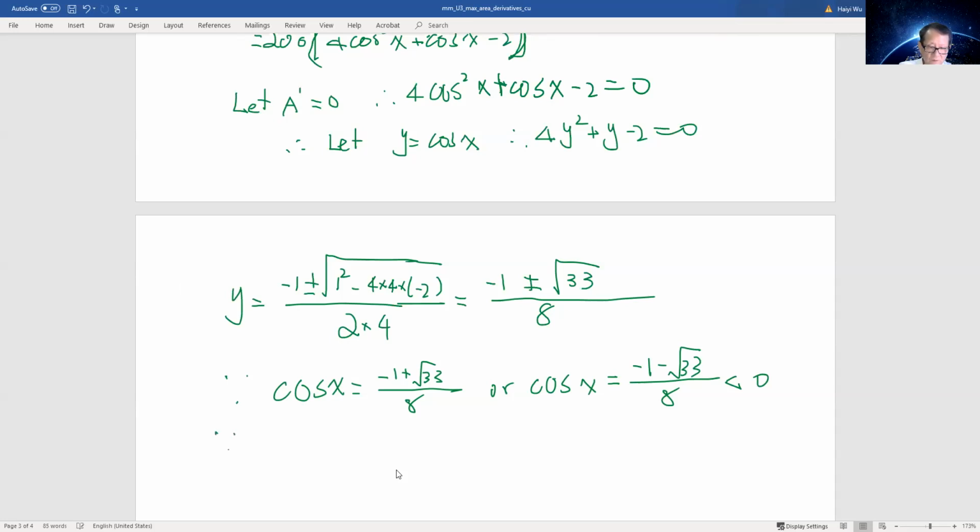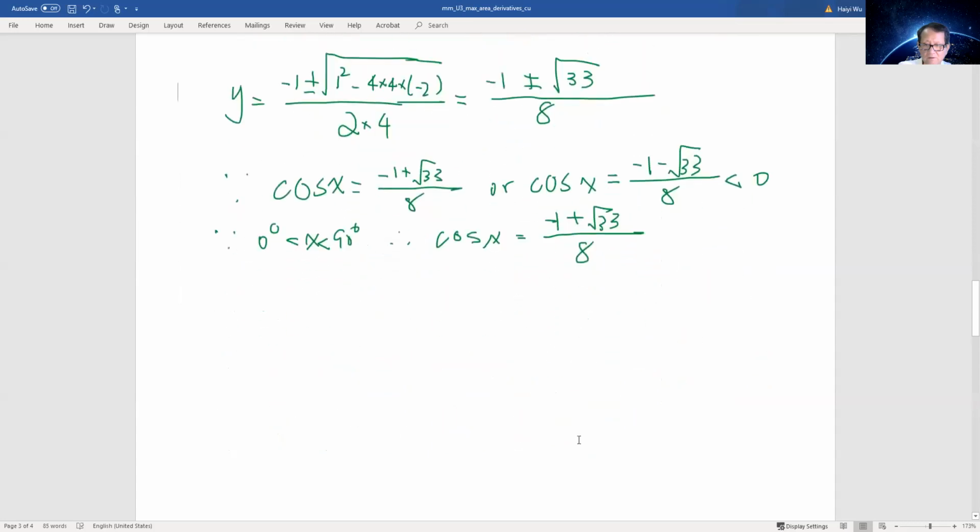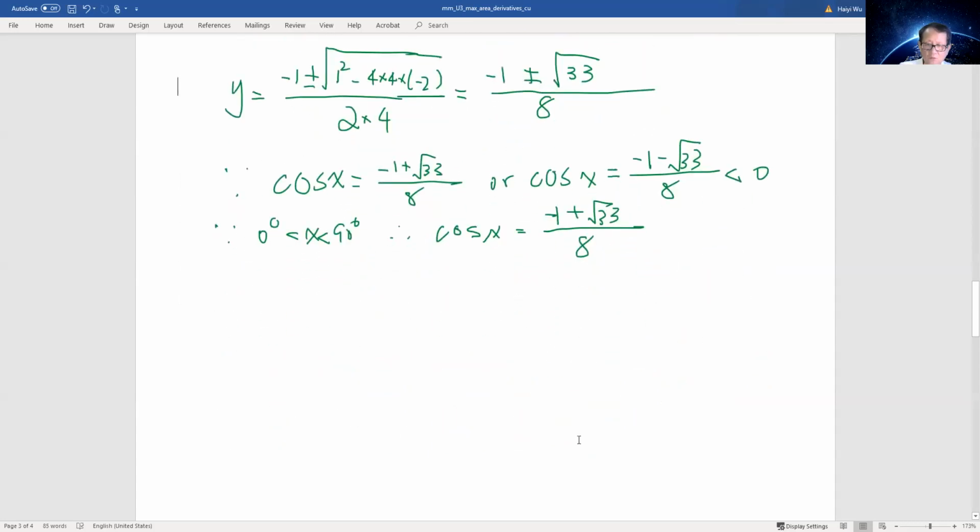Because x must be less than 90 degrees and more than 0 degrees, we can only choose the positive value. The negative value is in the second quadrant, so we cannot choose that. It must be greater than 0.